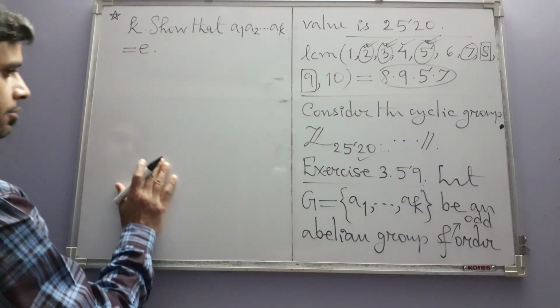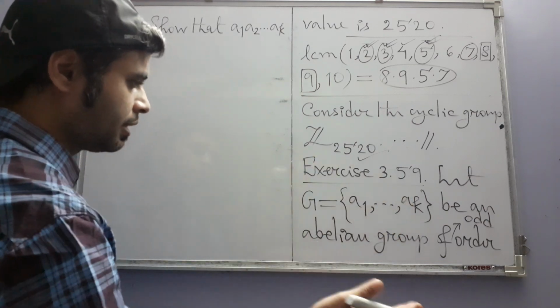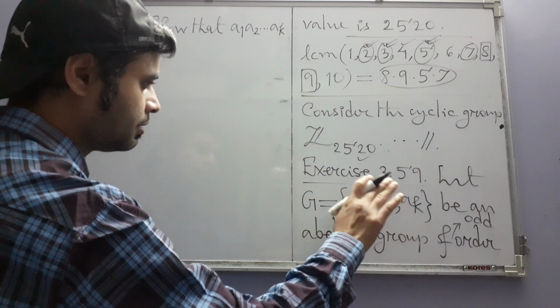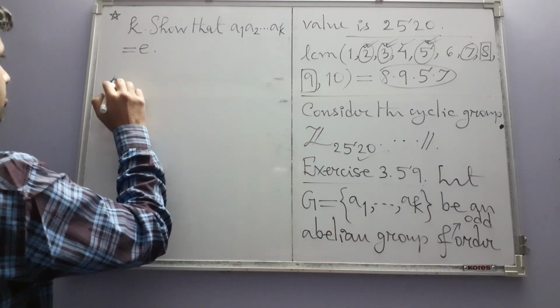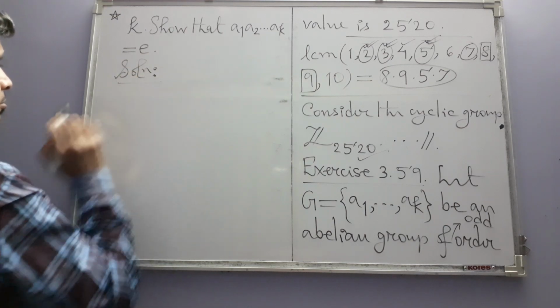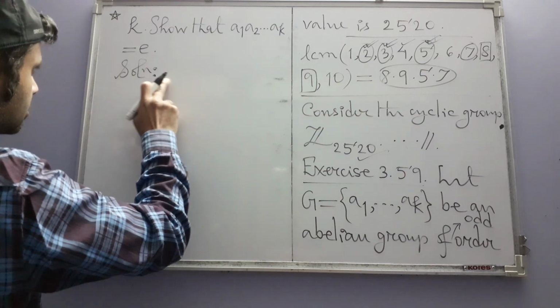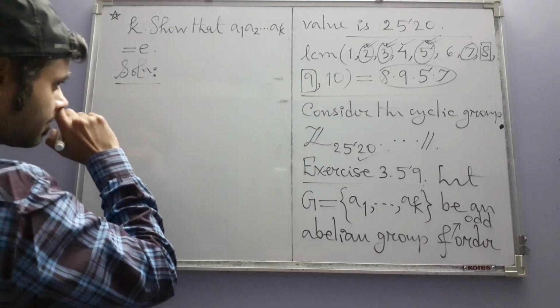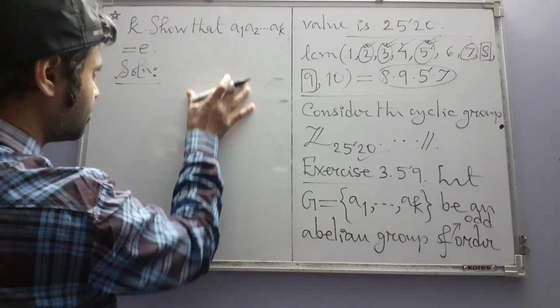Why is that so? Two things are given. K is odd. G is finite, of course, that is also there. K is odd and the group is abelian. So I am going to write a short solution, meaning the solution itself is short. I am not going to elaborate too much. I will say things verbally, but I won't write much here.